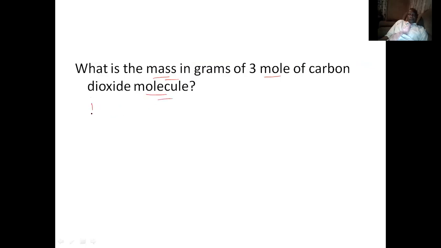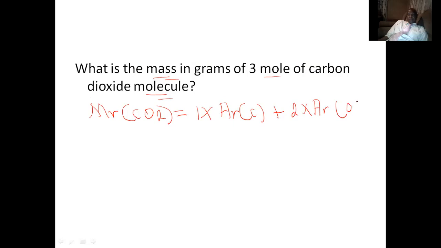And so the first thing we need to calculate is the relative molecular mass of carbon dioxide, which would be 1, the subscript for carbon, multiplied by the relative atomic mass for carbon, plus the subscript for oxygen, which is 2, multiplied by the relative atomic mass for oxygen, which gives us 1 multiplied by the relative atomic mass for carbon, which is 12, plus 2 multiplied by 16.